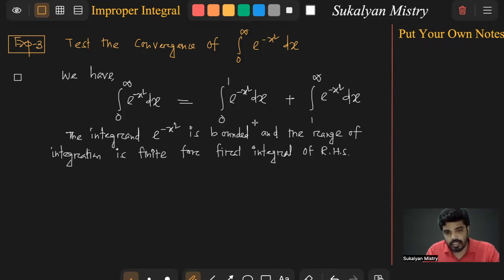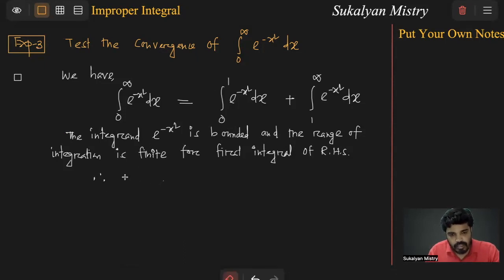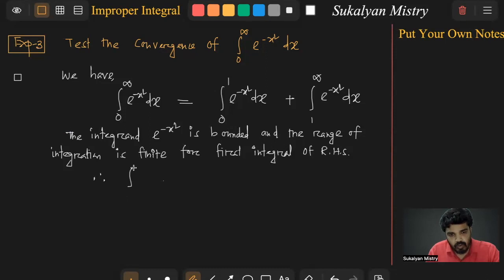That is this integral. Okay, so this is convergent. Therefore integration 0 to 1 e to the power minus x square dx is convergent.